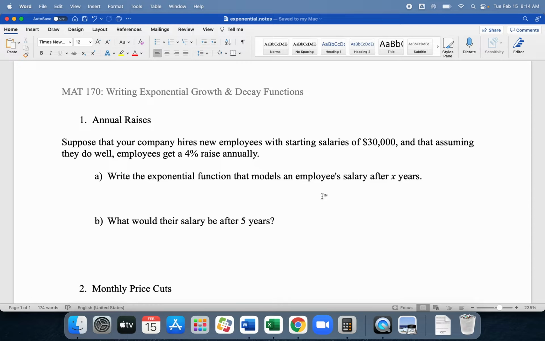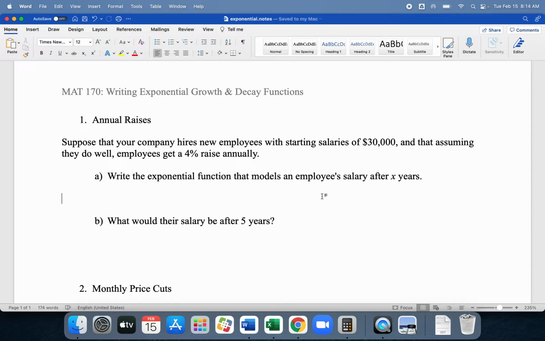A 4% raise is a 4% increase. So thinking along the lines of what we did with the last one, what I'm interested in tracking is what's my new salary. I don't want to know what's just the 4%, although that's a good part of that. But we're starting at $30,000 and we want to increase by 4%.